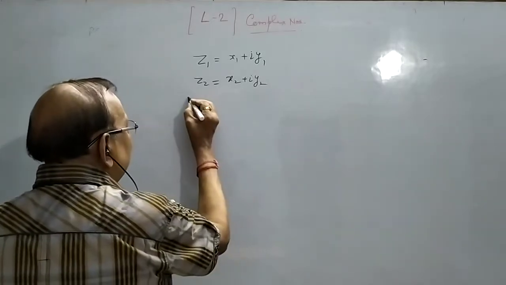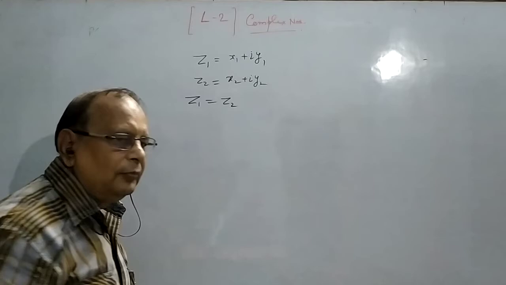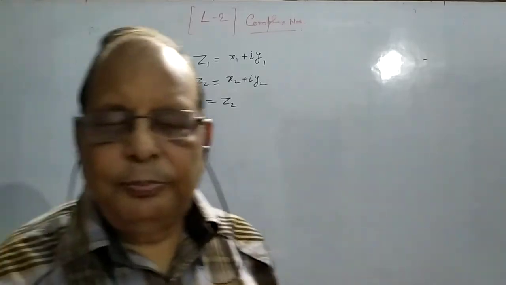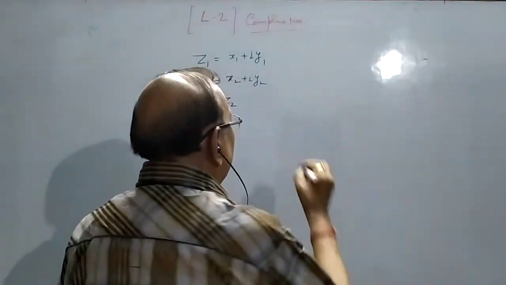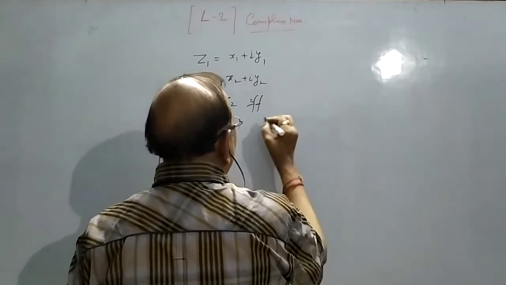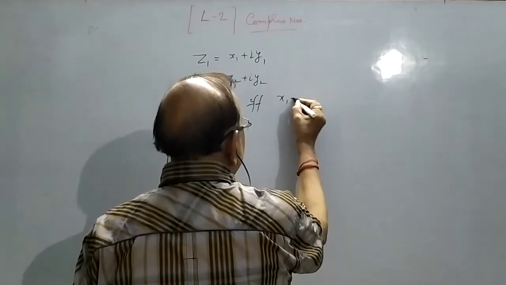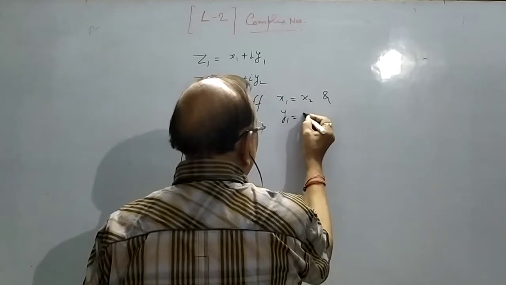If we see z1 is equal to z2, both are equal. z1 and z2 are equal if x1 is equal to x2 and y1 is equal to y2.